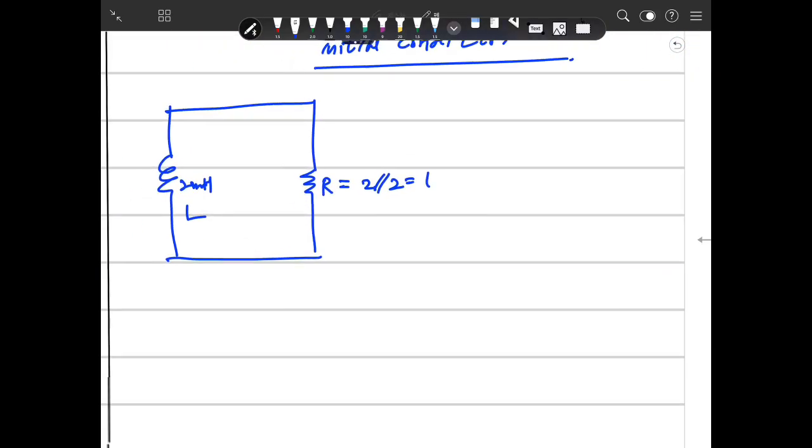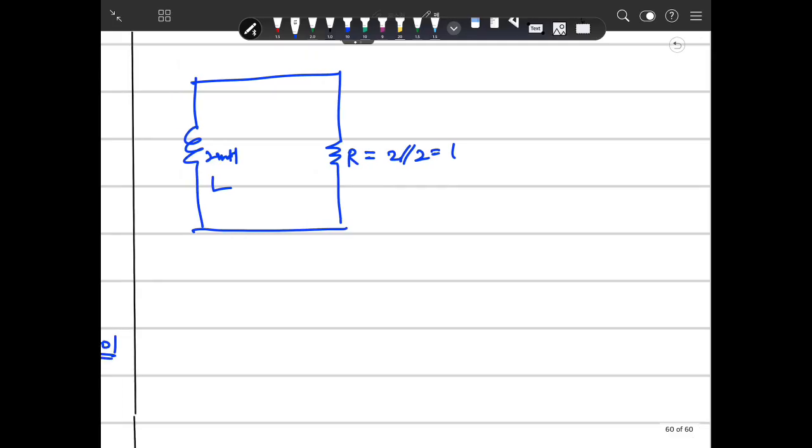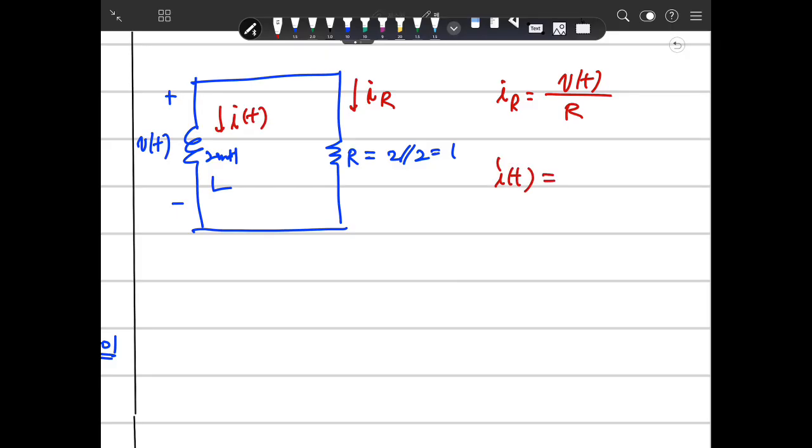So based on here, we have to derive the electric circuit equation. Define this is v(t), then you define the same way iR, then iL is v(t) divided by R, and we define this is i(t), and i(t) will be iR.